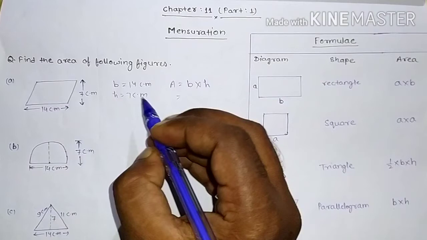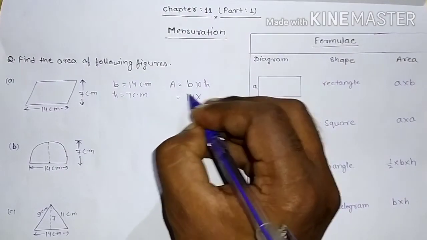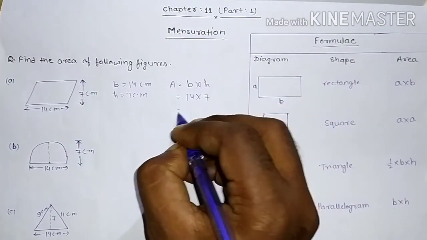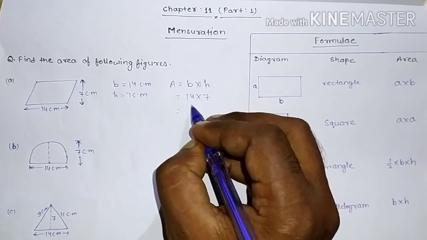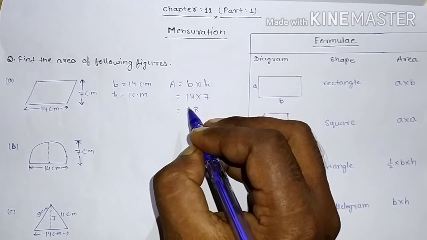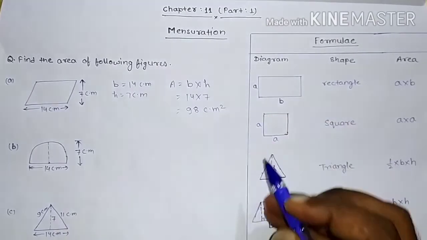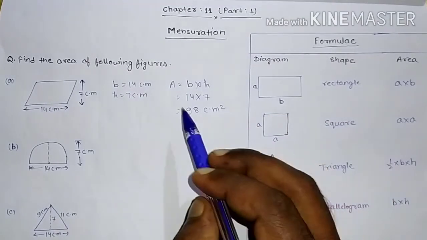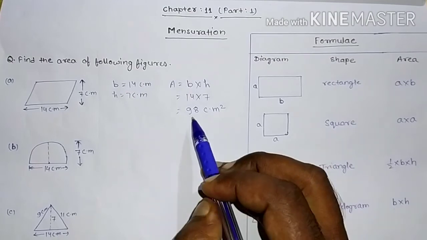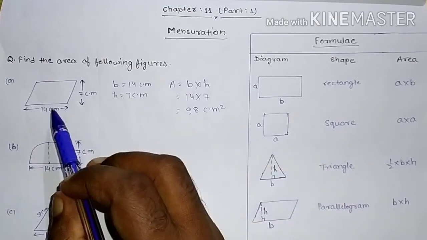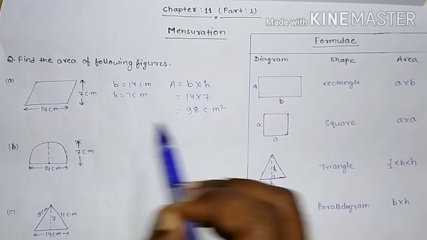So just put the value, base is 14 and height is 7. Now just multiply. 7 4s are 28, 8 and 2 carry, 7 into 1 is 7, 9, 98 centimeter square. Centimeter square is the unit of area. Now this is the way to find the area of a parallelogram.